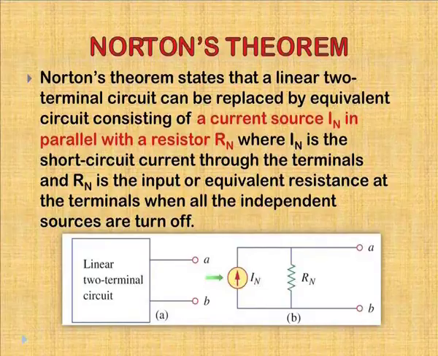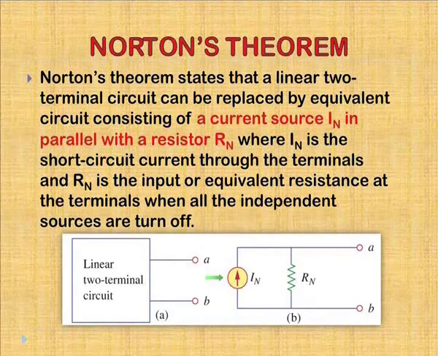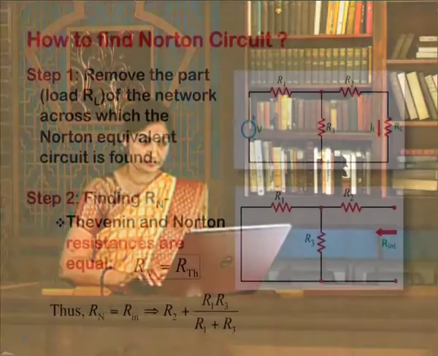So, Norton's theorem gives us a current source equivalent circuit in which we have a current source of value IN and a parallel resistance RN, that is, a shunt resistance RN is connected with this source.